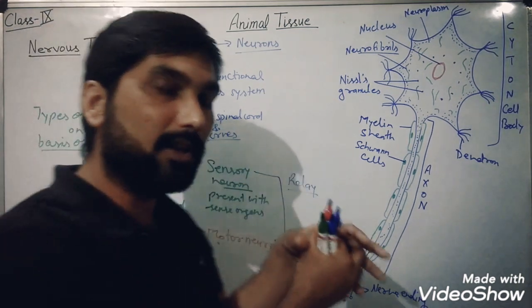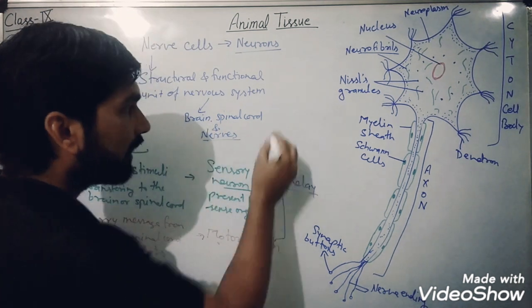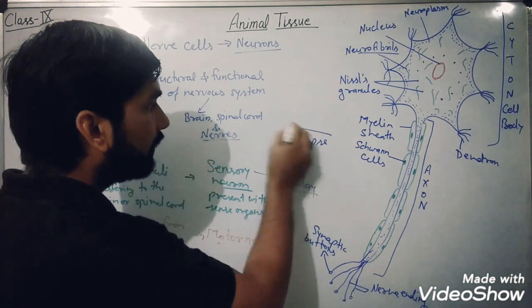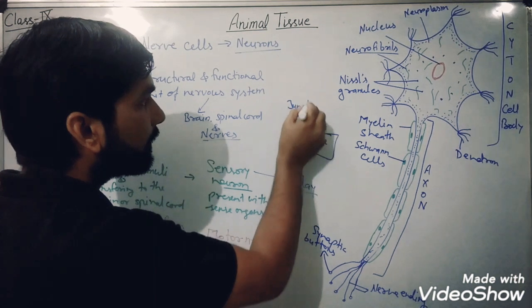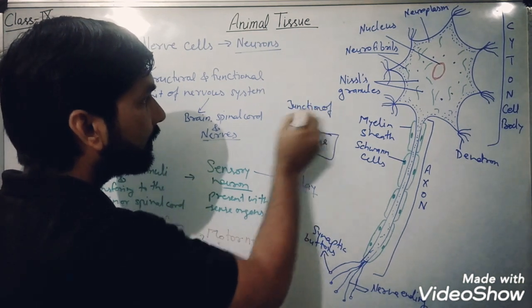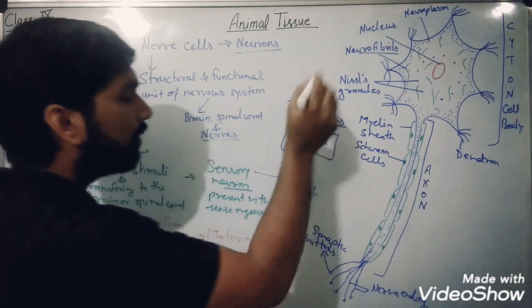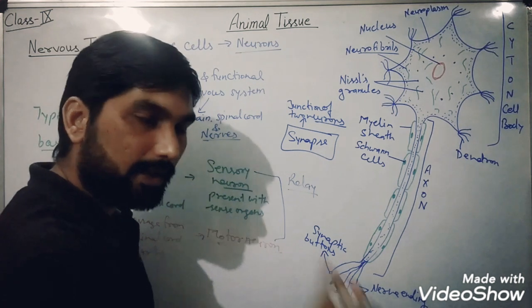They are joined together. So the junction of two neurons is known as the synapse. Here these buttons have some chemicals in them.